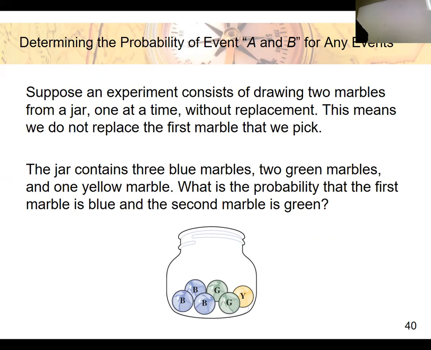If you recall, without replacement means the first marble is drawn and is not put back into the jar. That reduces the number of marbles in the jar. Here the jar contains 3 blue marbles, 2 green marbles, and 1 yellow marble. Let's say we want to find the probability that the first marble is blue and the second marble is green.